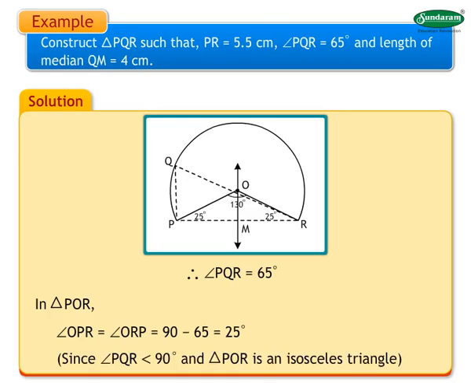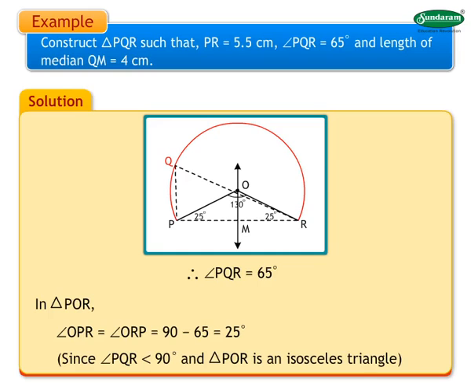Now, we know how to construct angle PQR, which is 65 degrees, subtended by chord PR. To fix up the point Q on the arc PQR, the length of median is given 4 centimeters.